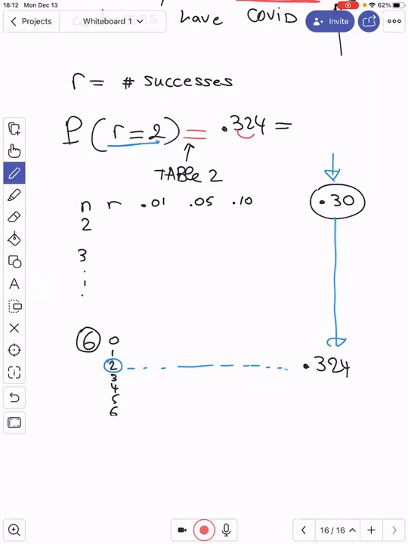So this is 32. Take 2 digits and then put your decimal point after the 2 digits, right? So it's 32.4%. Okay, it's not 3.24. That's not true. It's 32.4%.